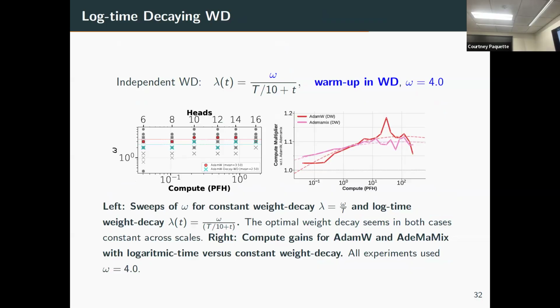This just makes sense, so you should put weight decay also to be like that. We did a warm-up weight decay, and this has to do more with Adam than anything else. This is the idea that you want large weight decay at the very beginning, and then you want to decrease it down to be like 1/t by the end. The 10 is arbitrary.